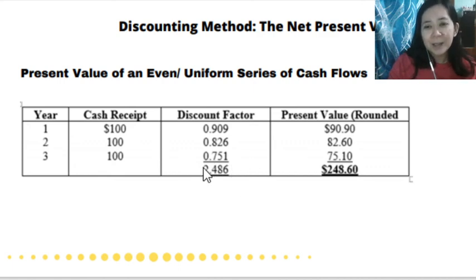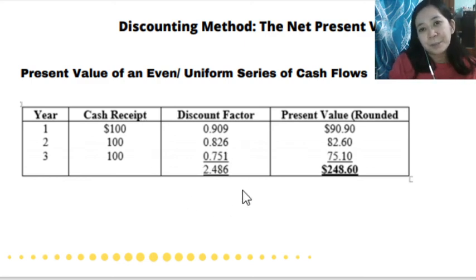If you notice, I am not discussing the full concept of time value of money because we will have that in the next videos. We will just focus on the concept for the purpose of the net present value method later on.